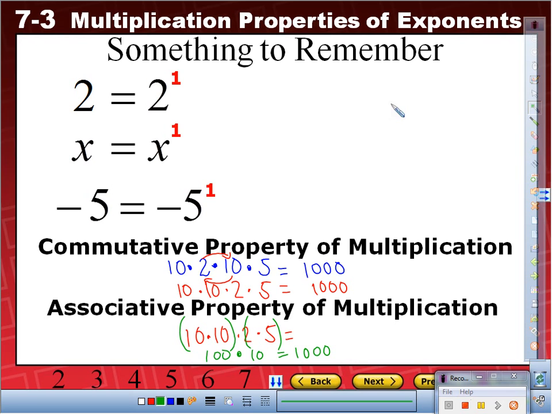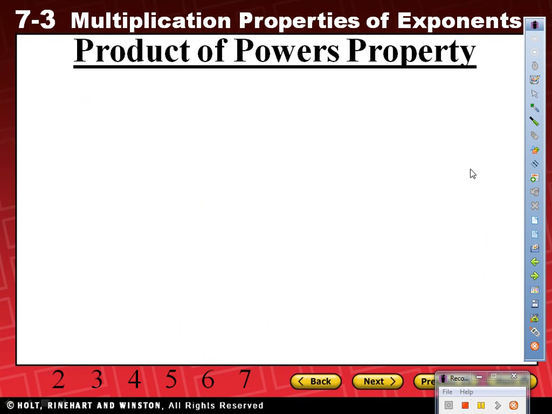Are we there? Okay. So let's go back to our notes side, on the right-hand side where you're taking notes. If you can fit it in there, that's fine. If not, continue on the back. Next, I want you to write the first property that we're going to look at. Product of powers property. Product of powers property. Product of powers property.